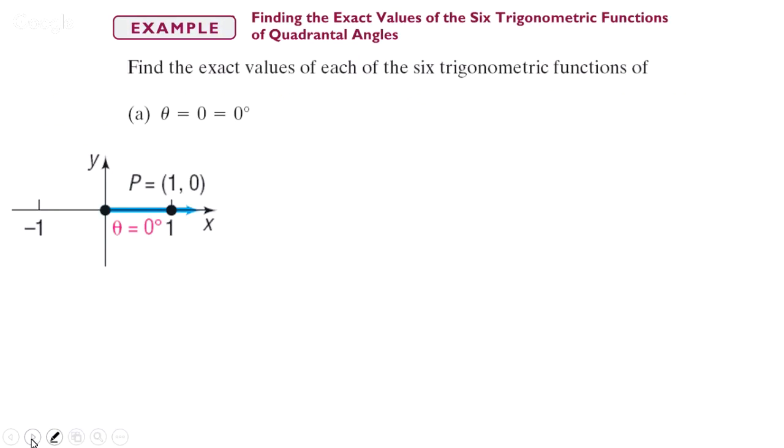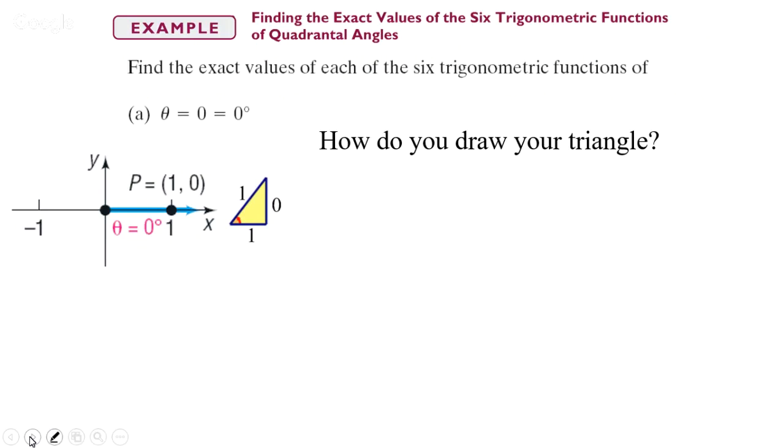Okay, this one's a little bit different. This one is not in a quadrant. It's on the x-axis. But I can still make a triangle, a pretend triangle. So here's my triangle.